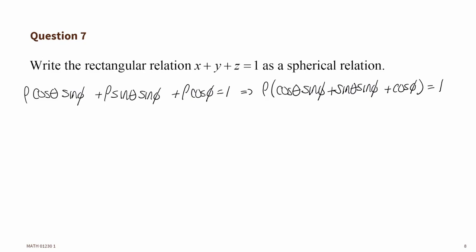Of course. Can you subtract that cosine? Remember, it's being multiplied by a rho, so you can't just subtract a cosine phi.